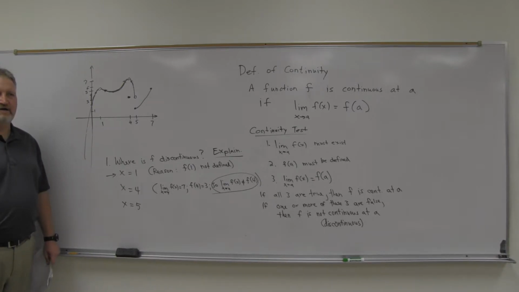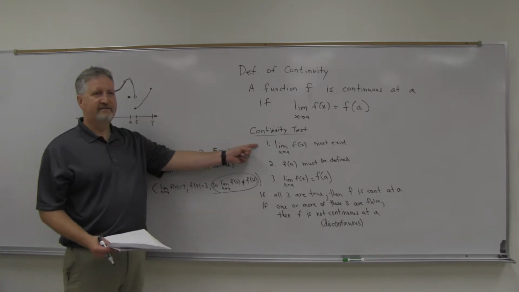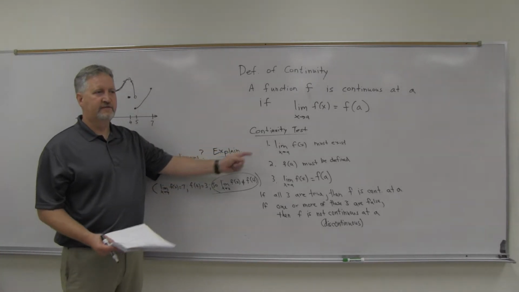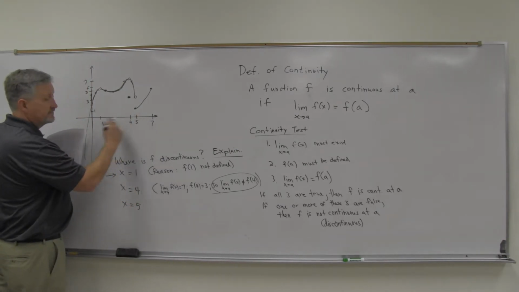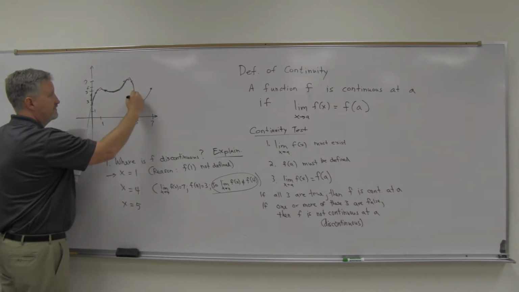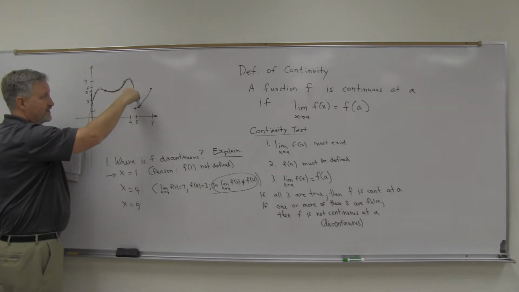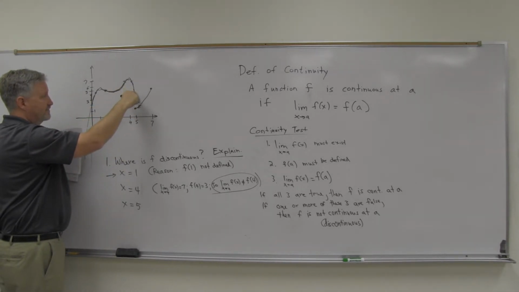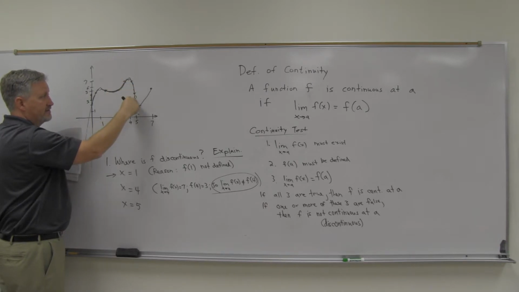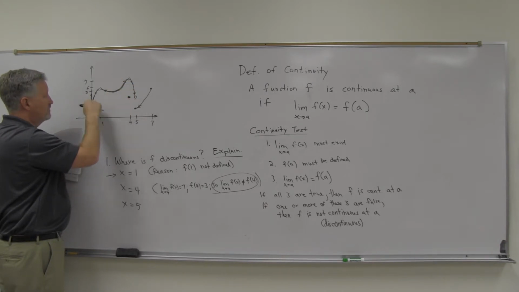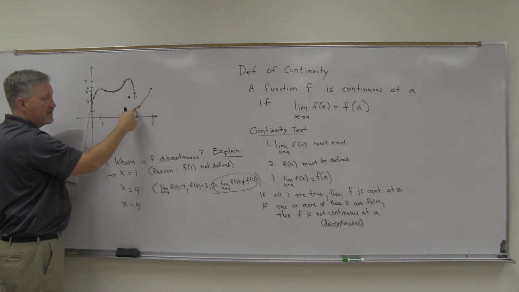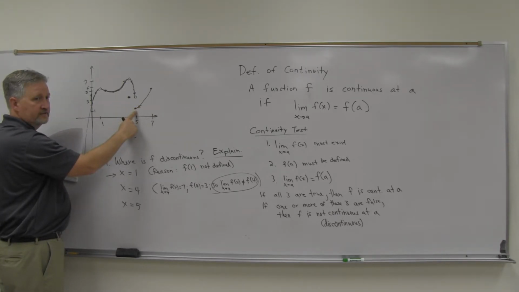Now what about number 5, or x equals 5? Do I have a limit as x approaches 5? Well, again, doing the limit, you're looking at it from the left and from the right. Does that limit exist? From the left, our limit as x approaches 5 would be 3. From the right, the limit as x approaches 5 would be 1.